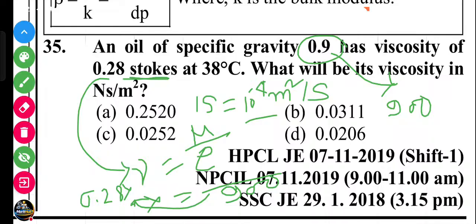What is the answer? Please comment. Because I have it now, you can calculate. Okay, 0.28 into 900, it is getting 25 into 10 to the power minus 4.